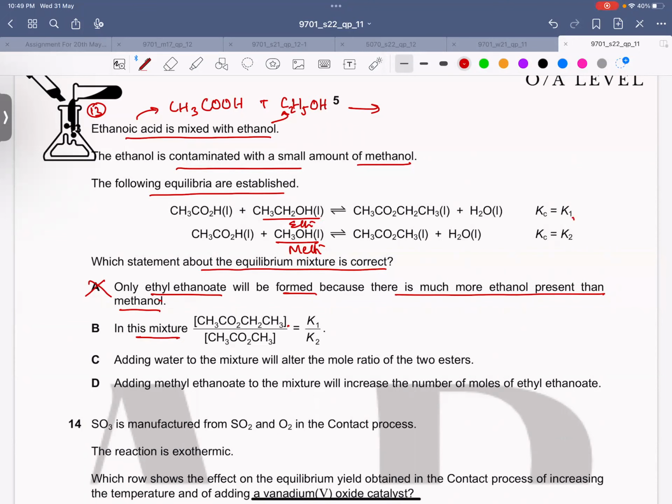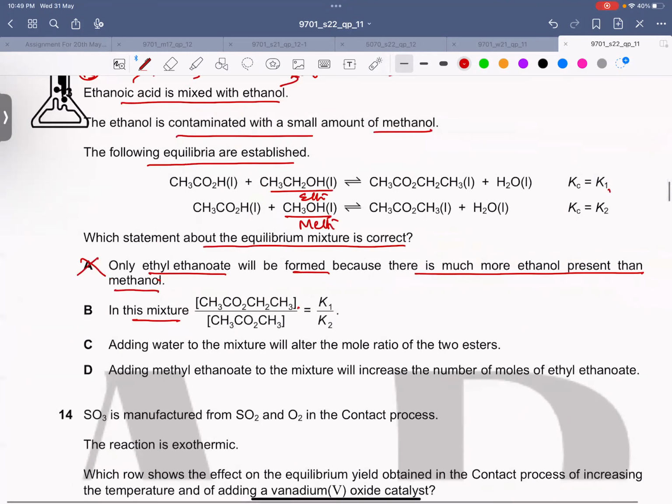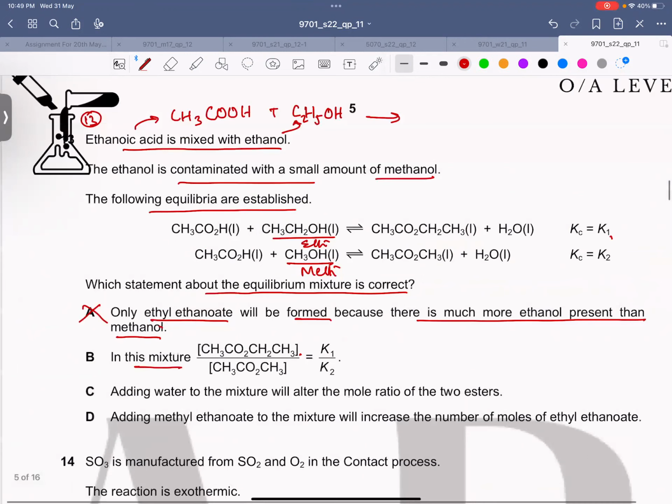They are saying that when we put their Kc expressions, then we will get this thing. So I think this is the wrong statement because they are saying K1 over K2, and K1 is for equation 1.